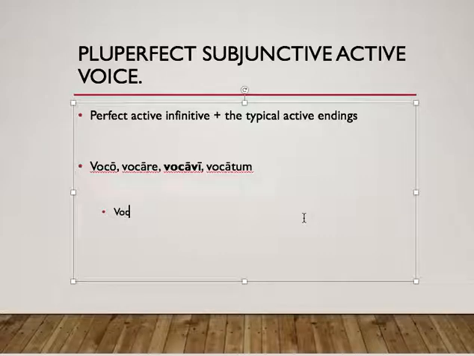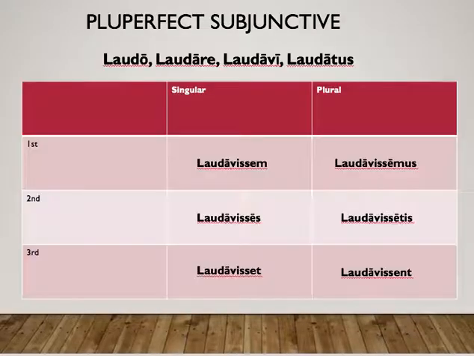And what do I do? I am just going to add on that -isse ending. Okay? Laudavisse. That is the perfect active infinitive. So to make it into the pluperfect subjunctive active, I just add endings onto it. Laudavissem, I had praised. Laudavisses, you had praised. Laudavisset, he, she, it had praised.